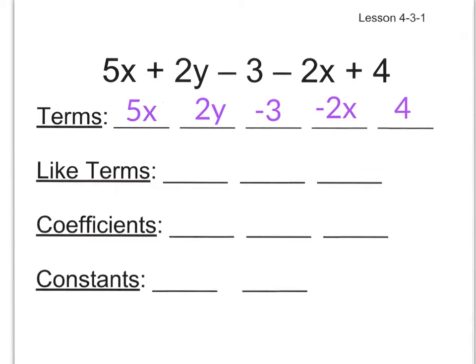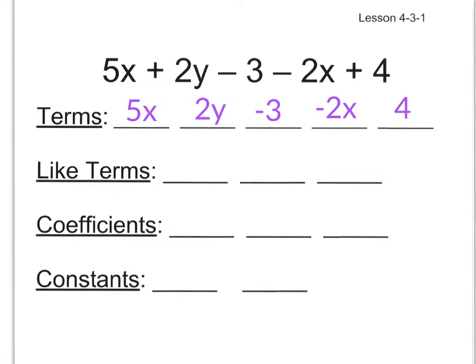The next thing we're going to talk about is like terms. So we touched on this before. When we have like terms, remember that those are terms that match both the variable and the exponent. So when I look through, I'm going to actually highlight my like terms for you.